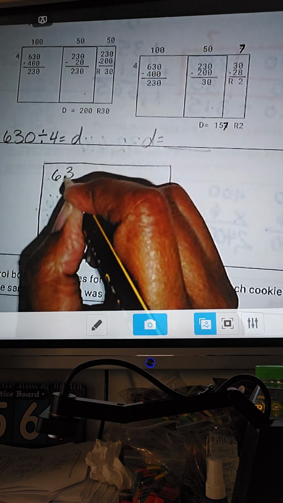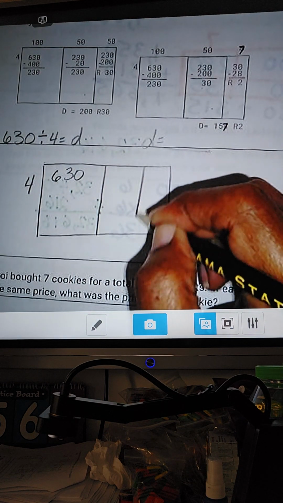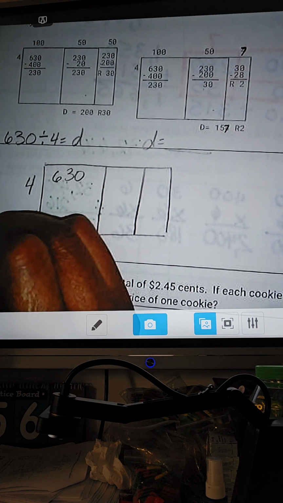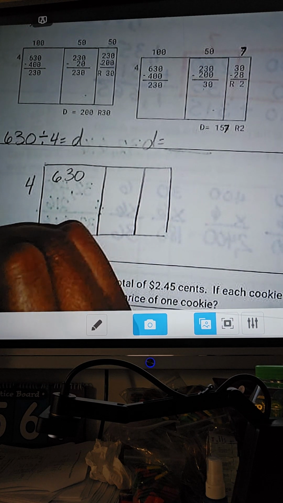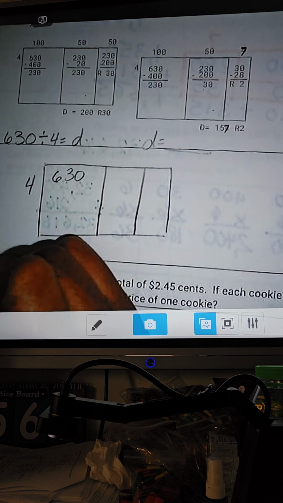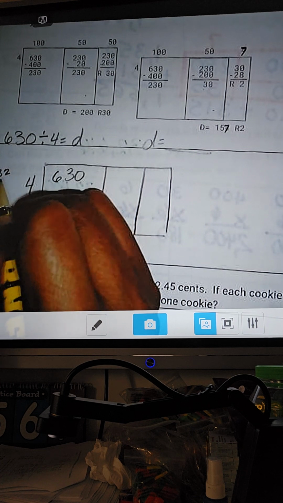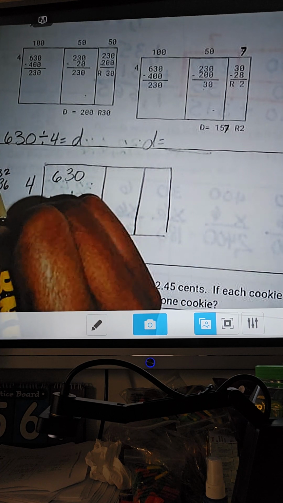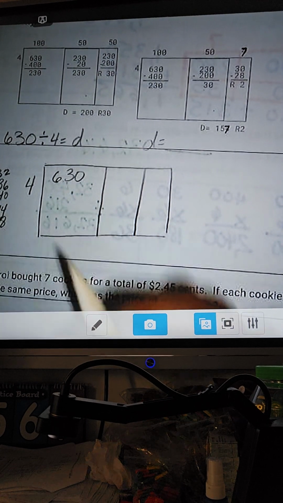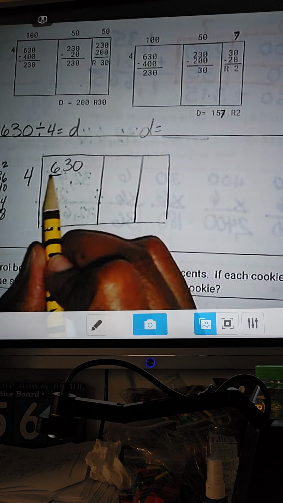Dividend goes in, divisor goes out. Write our 4s: 4, 8, 12, 16, 20, 24, 28, 32, 36, 40, 44, 48. Okay? All right. Starting with the 6.